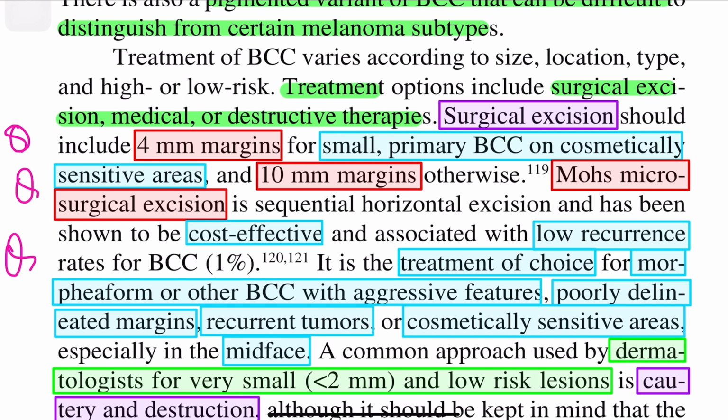So what are the advantages of Mohs microsurgery? It is cost effective, low recurrence, treatment of choice for aggressive BCC like morphea form variety and other aggressive tumor, poorly delineated margin, recurrent tumor, and cosmetically sensitive area, mainly mid face.